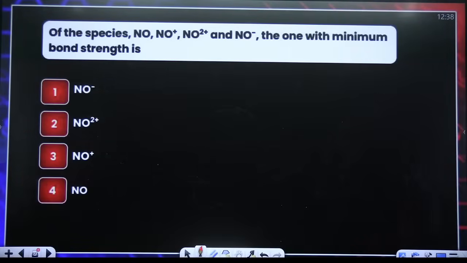Tell me the answer of this one. Of the following species, NO, NO positive, NO2 dipositive, NO negative, the one with minimum bond strength.